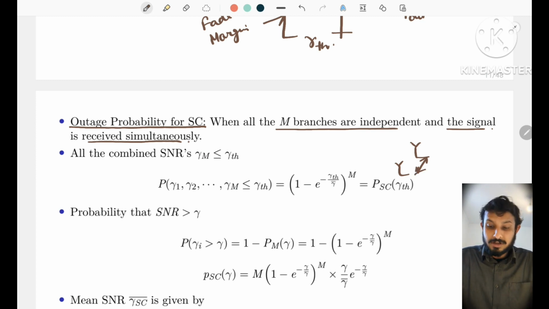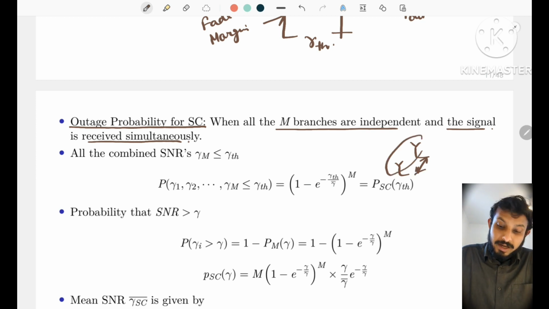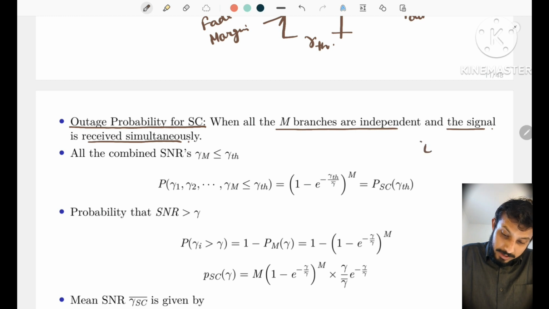If there is some correlation between the antenna elements, then we can design other kinds of combining techniques and utilize them in a certain way. So the antennas are uncorrelated and independent.